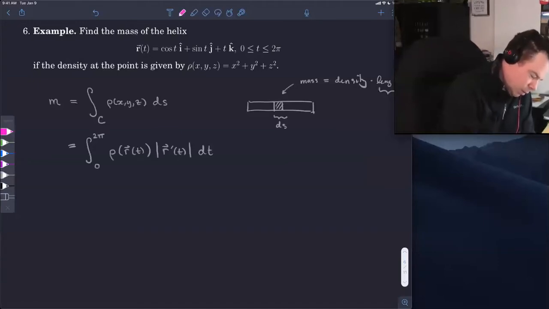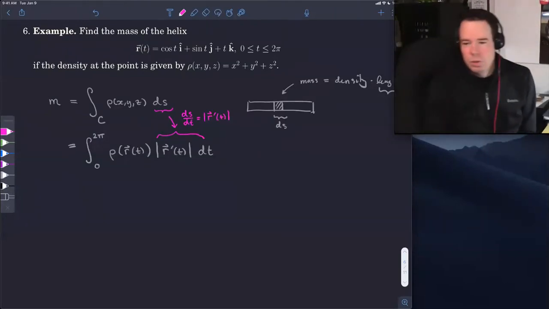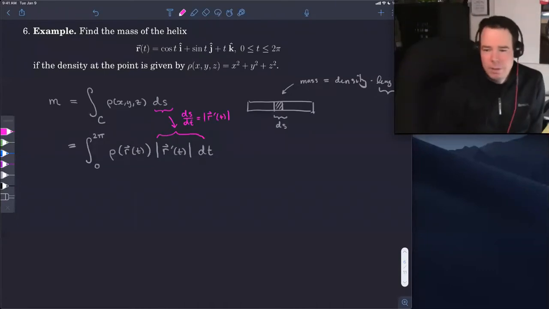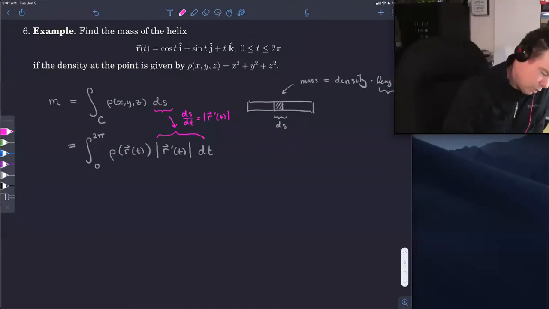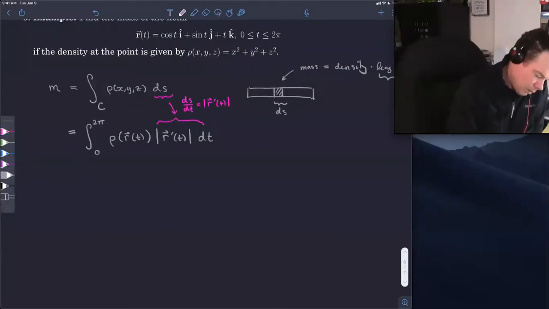And that r prime of t dt, I'll just remind you, is what ds unpacks to, because ds/dt is equal to r prime of t in magnitude. And so we're just using the fact that multiplying through by dt, in other words, to get the differential, ds is the magnitude of r prime of t times dt. So that's just unpacking it.